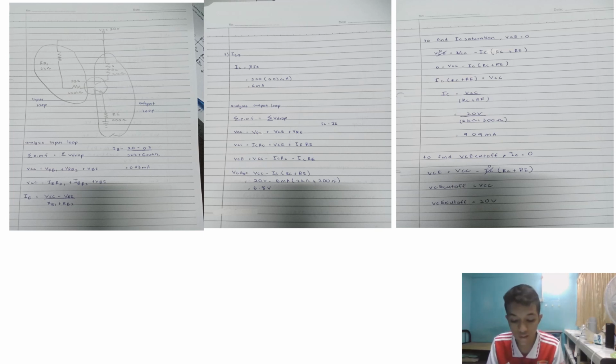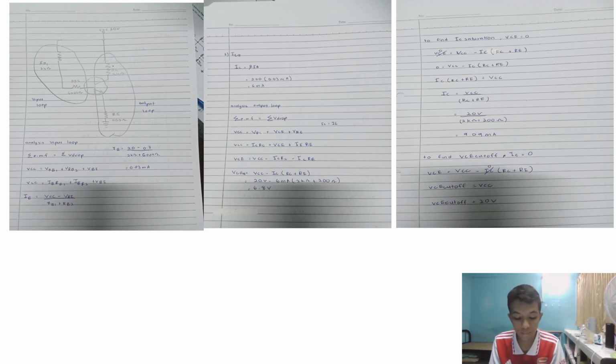We just need to find IC, so VCC divided by RC plus RE. We get 20 volt divided by 2k ohm plus 200 ohm, so we get 9.09 milliampere.